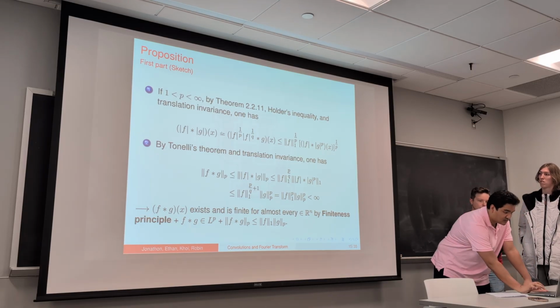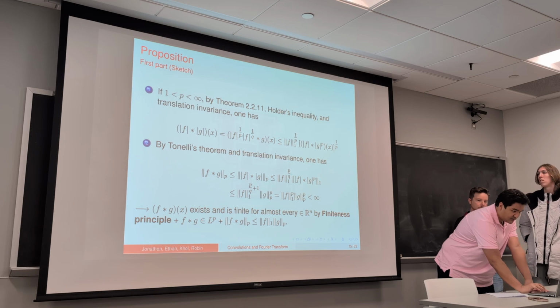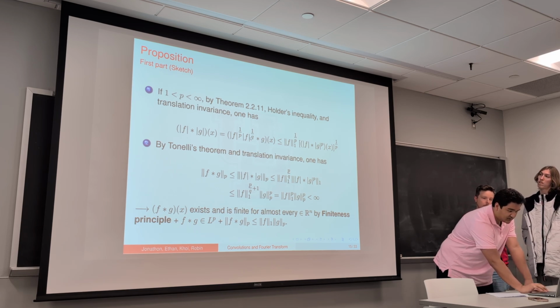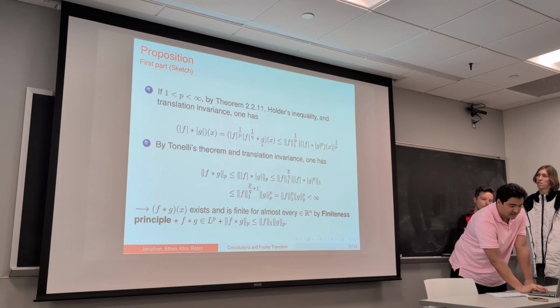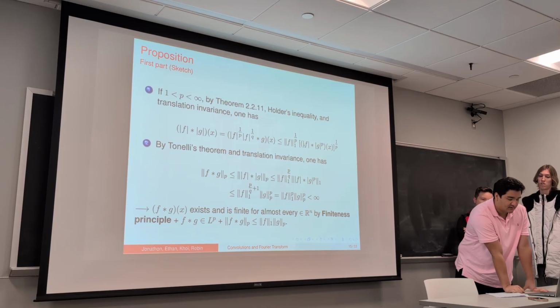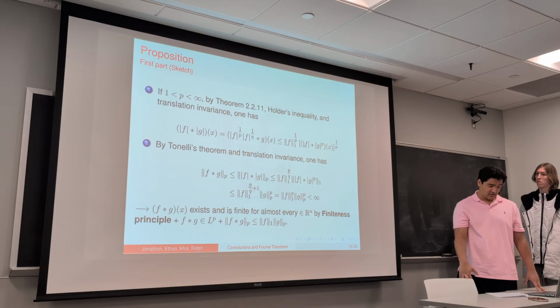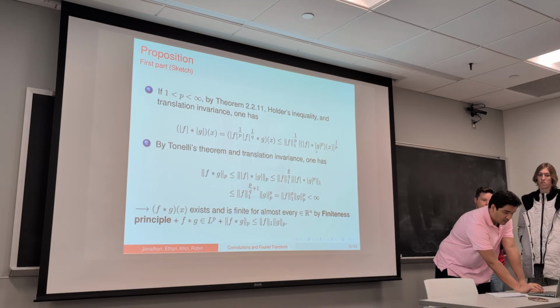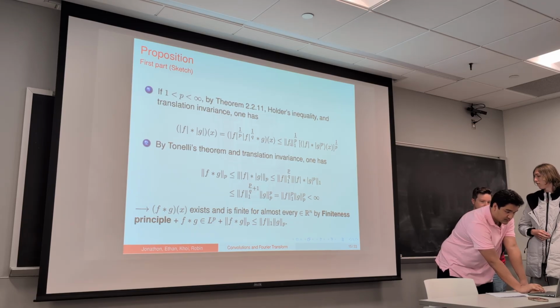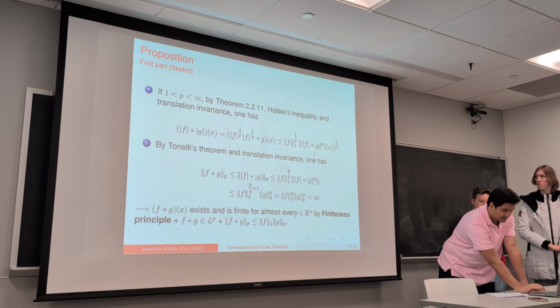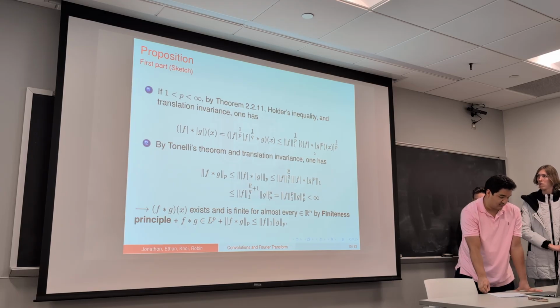And so this is equal to |f|^(1/p) times |f|^(1/q), since 1/p plus 1/q is 1, star g, and then you take out the norms. Oh yes, and this is Holder's inequality using translation invariance.